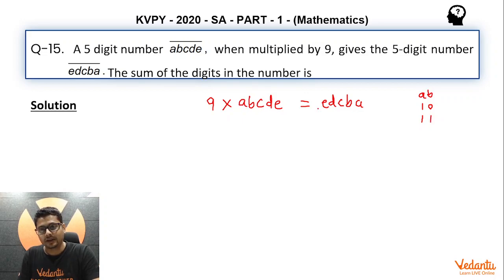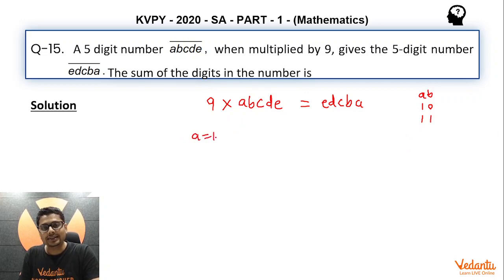Because if you take even AB to be 12, that essentially means this is 12,000 something, and when you multiply 12,000 with 9, you get more than 1 lakh. That would result in a 6-digit number and not a 5-digit number. So AB collectively can be either 10 or 11 only. It can't be 12 or more. That means A has to be 1 only.